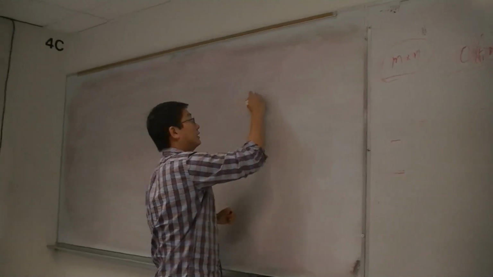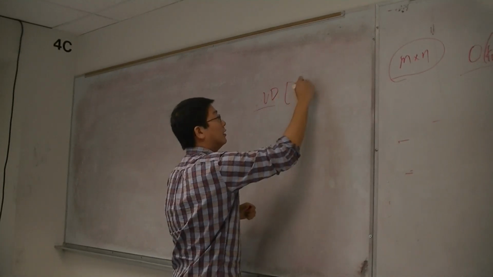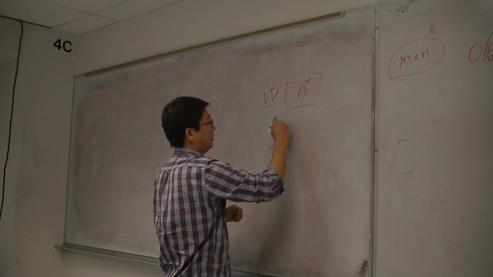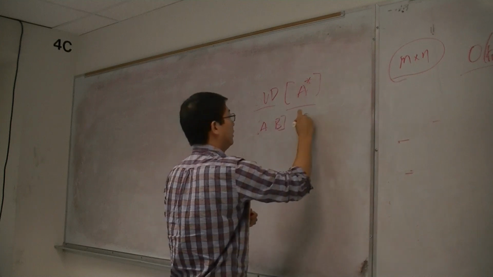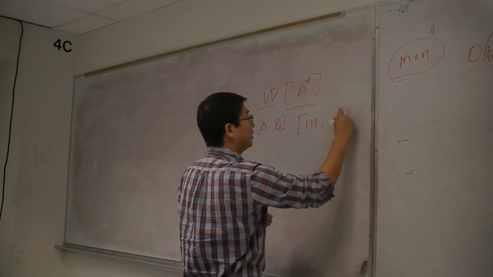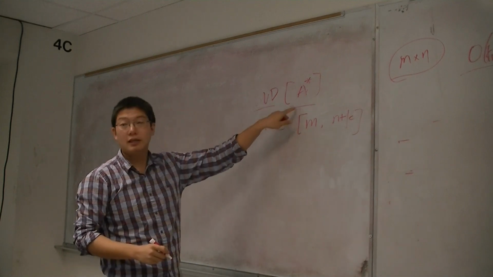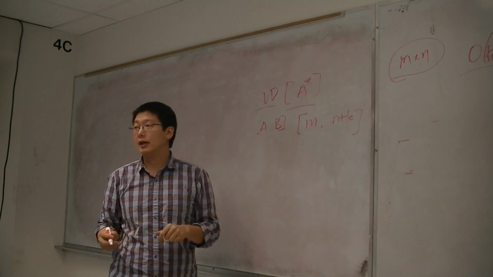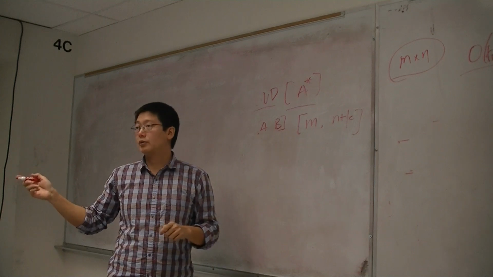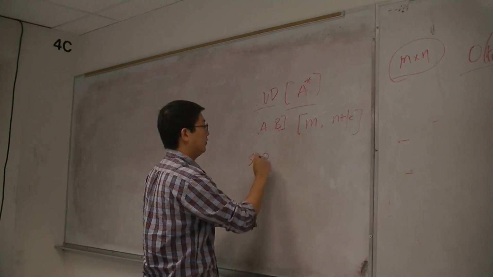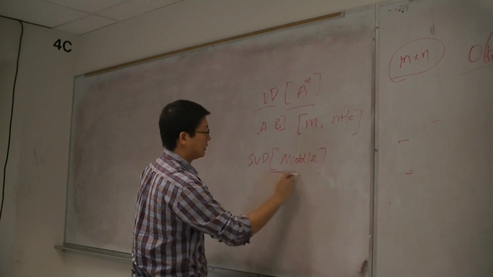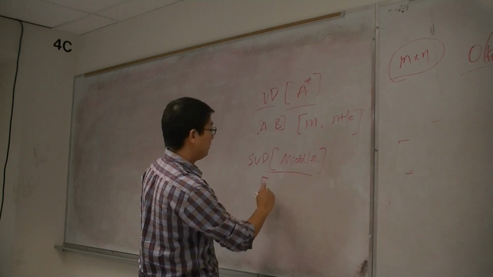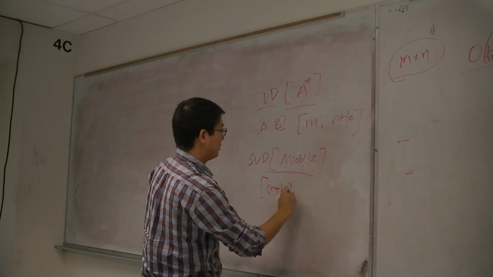Our original purpose is to calculate the SVD of A star. Because A star is A B, its size is m by n plus k. We want to calculate the SVD of this matrix, but after this algorithm, we can transfer to calculating the SVD of another middle matrix, whose size is only n plus k by n plus k.